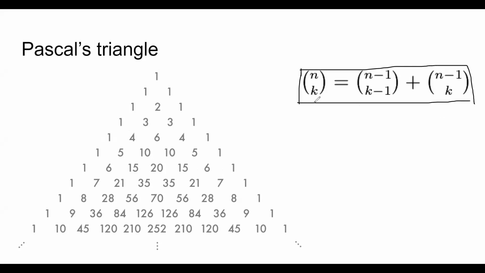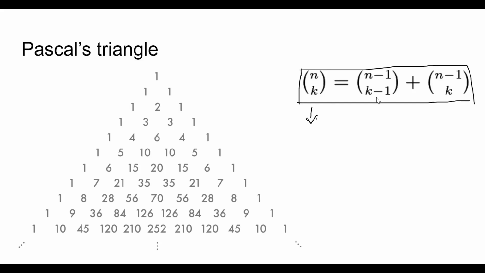So if we unpack this, it refers to the kth term in the nth row, right? I'm not going to write that down, but this is what this means. And n minus 1 choose k minus 1 refers to the k minus 1 term in the n minus 1 row. And similarly, this is the kth term in the n minus 1 row.